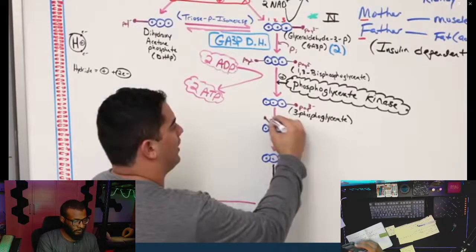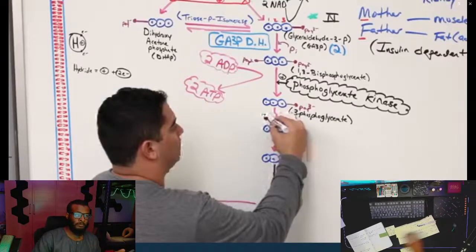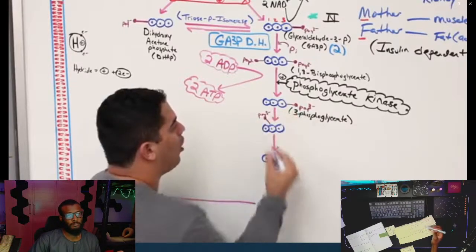All I'm doing is shifting it into a different kind of structure, so it's just a little bit more modified now. Again, this is going to be my phosphate. So what do I call this? Phosphoenolpyruvate.